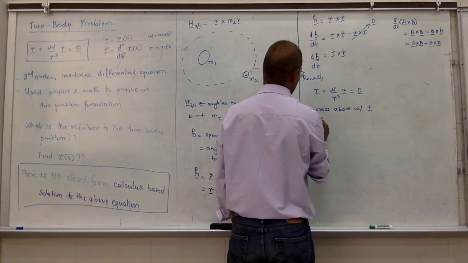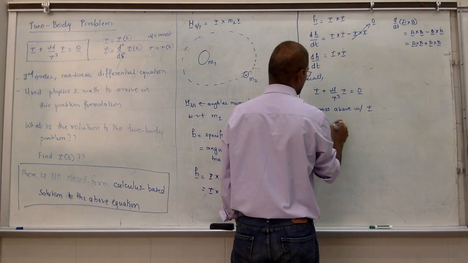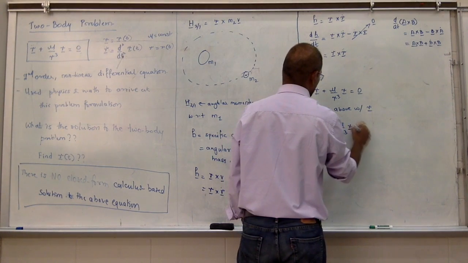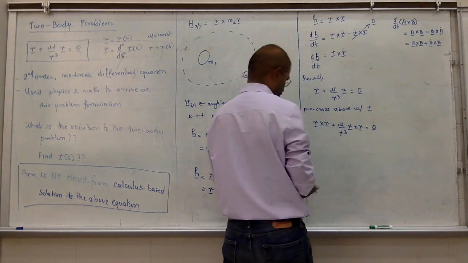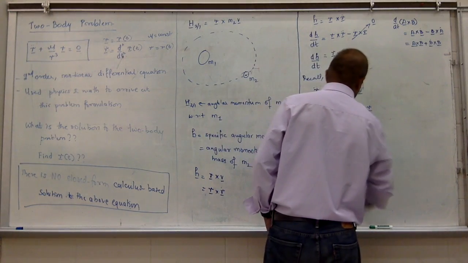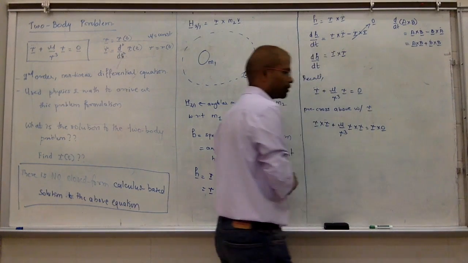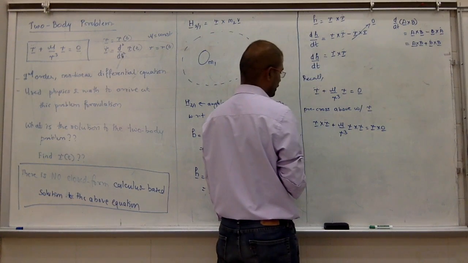Then we are going to get r cross with r double dot plus mu over r cubed r cross with r is equal to 0. What is the second term?